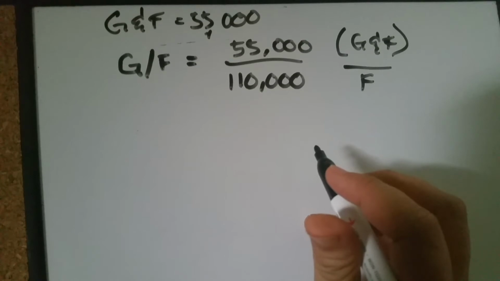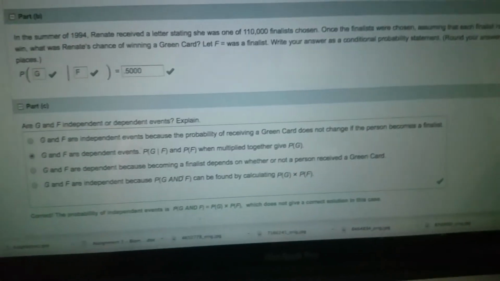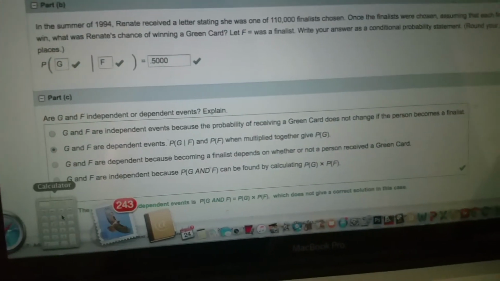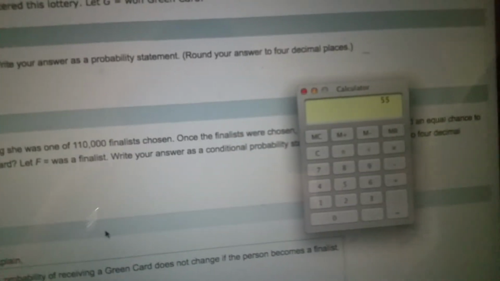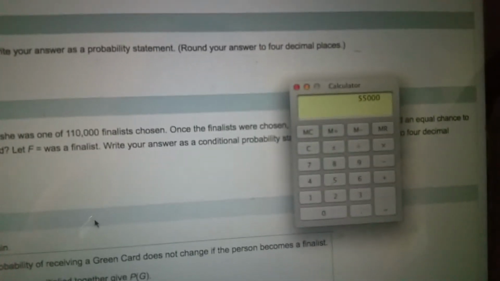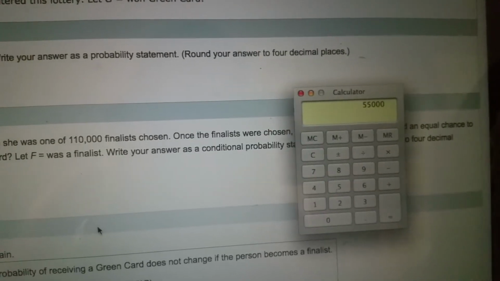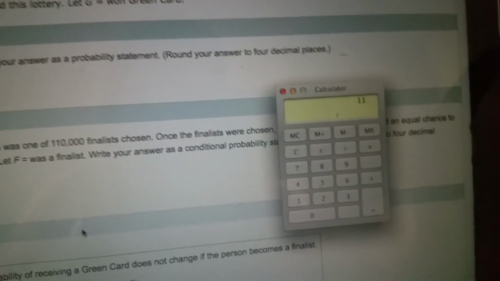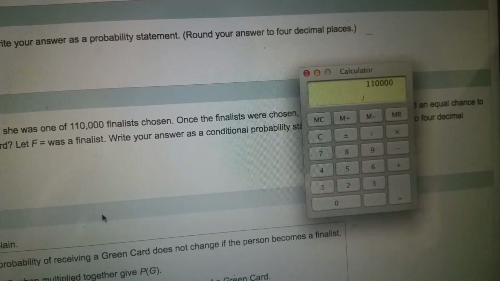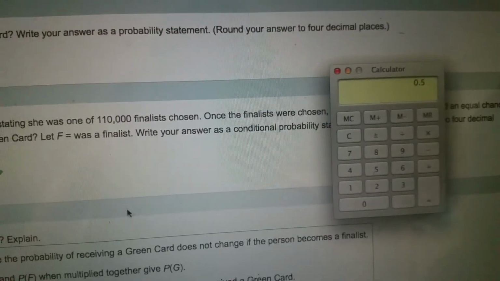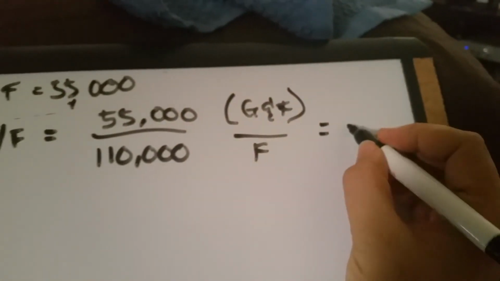So if you do 55,000 divided by 110,000, what are you going to get? We got 0.5. Okay, so 0.5.